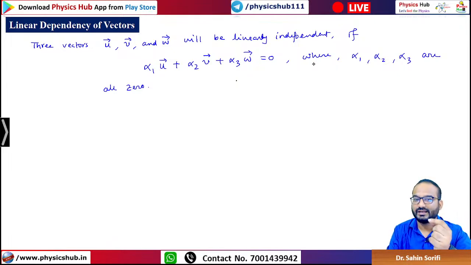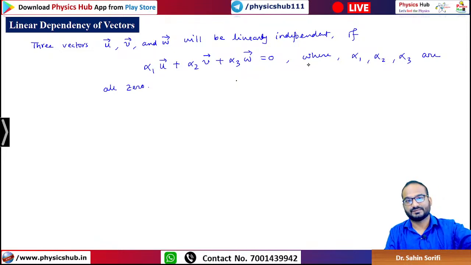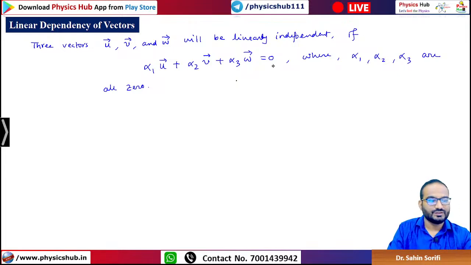So i cap, j cap and k cap are linearly independent vectors and they are said to span the space. What is the meaning of span the space? Spanning the space means with the help of those vectors you can express any vector. So this is the theoretical perspective, that you need to have alpha 1, alpha 2, alpha 3 all to be 0.